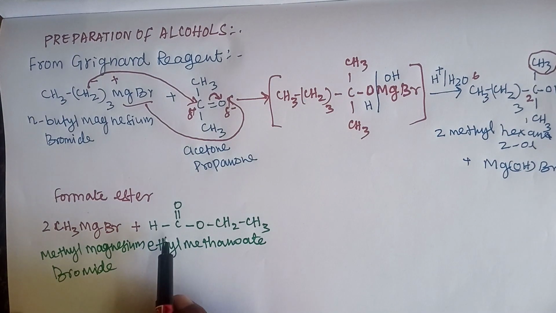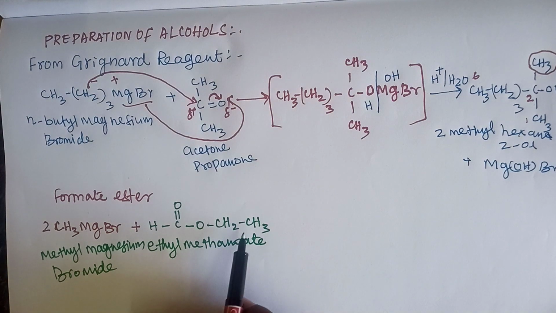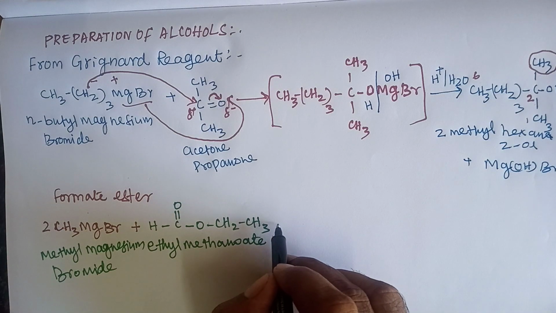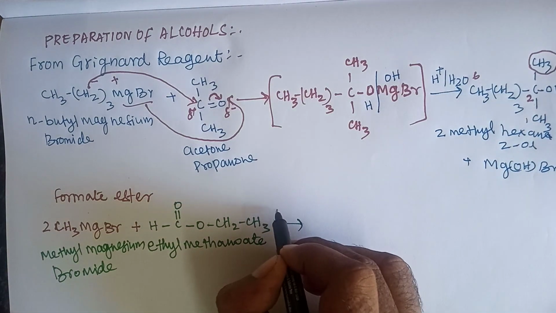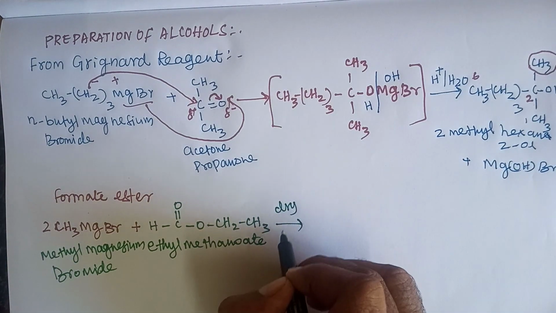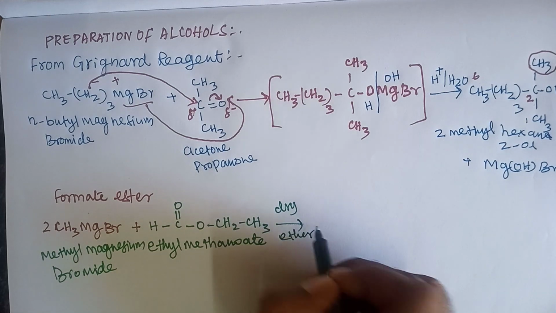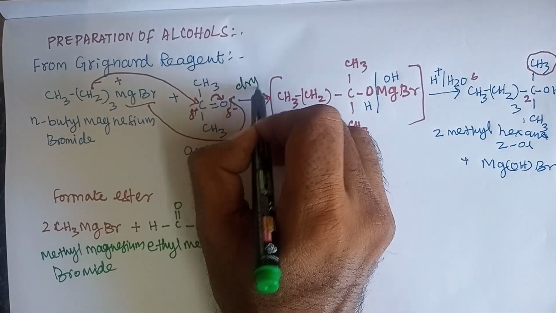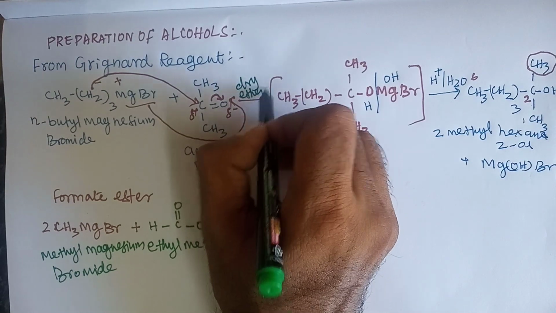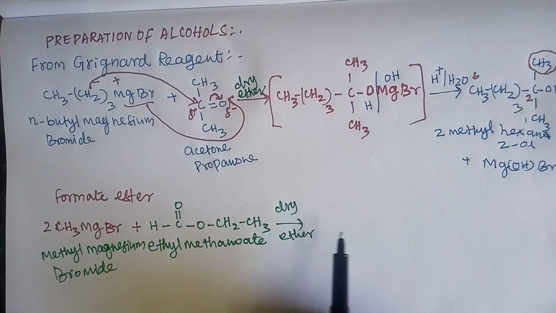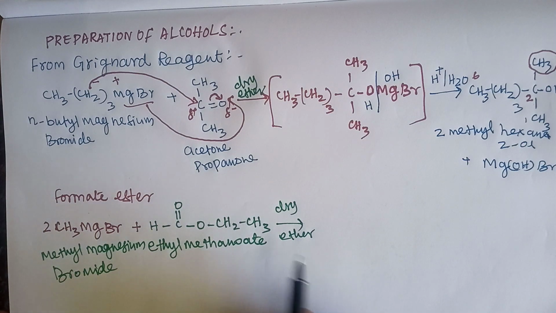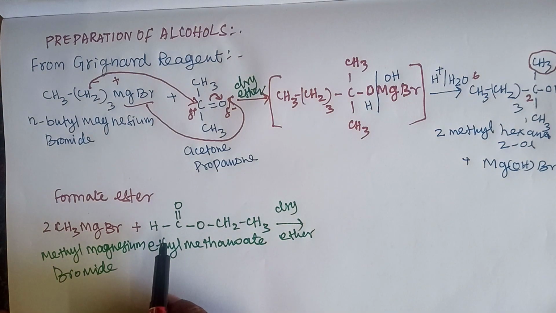If you are taking esters, it is ethyl methanoate, or we can say ethyl formate, in the presence of dry ether. Here also we use dry ether. So it gives secondary alcohol with the identical alkyl group.